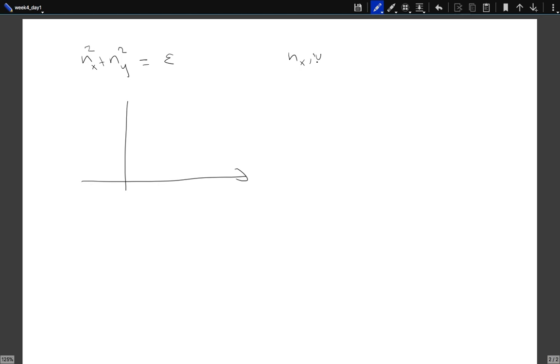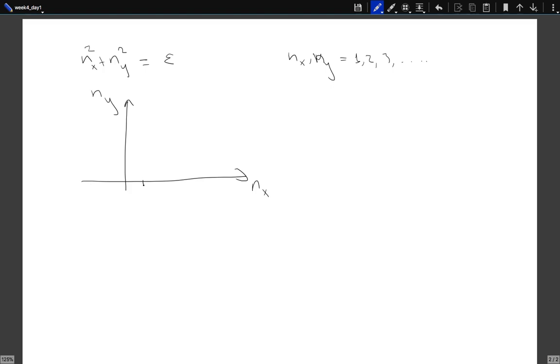Since we already know that nx and ny should be 1, 2, 3, etc., let's say the horizontal axis is nx, the vertical axis is ny. Now, I just draw the first quadrant because that's the quadrant we are interested in.